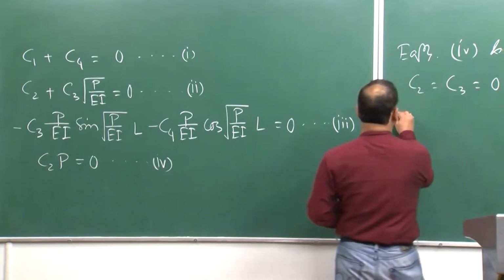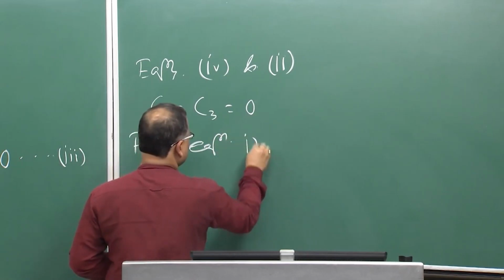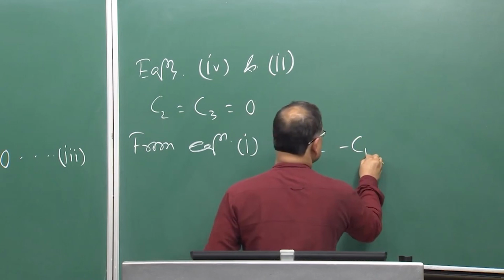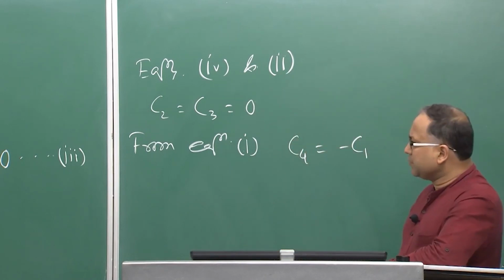Now, from equation 1 we can say C4 equal to minus C1, quite simple.